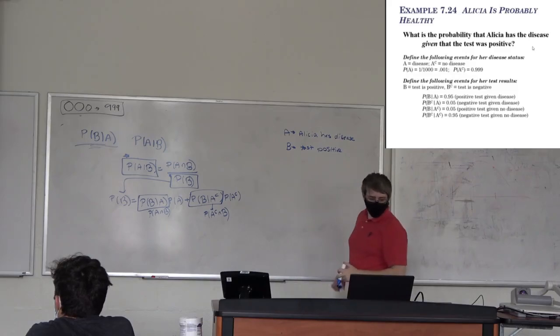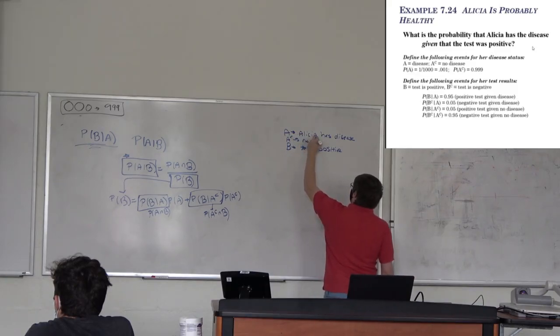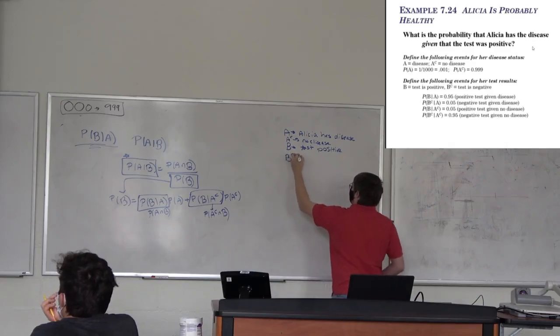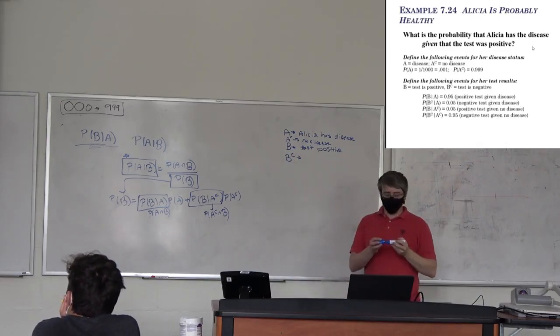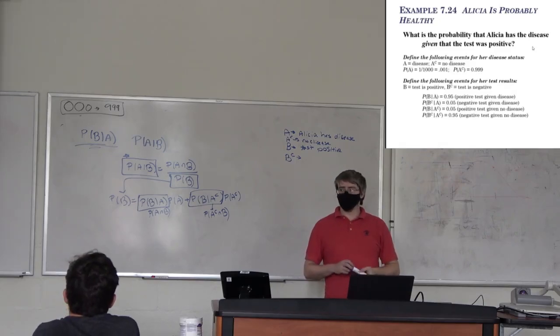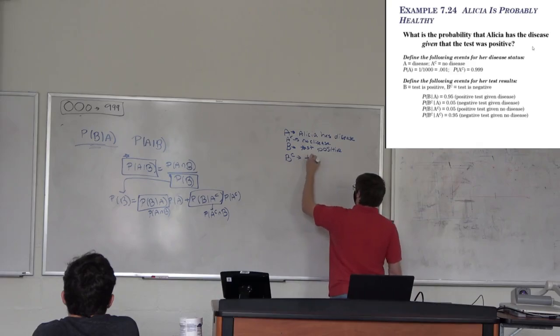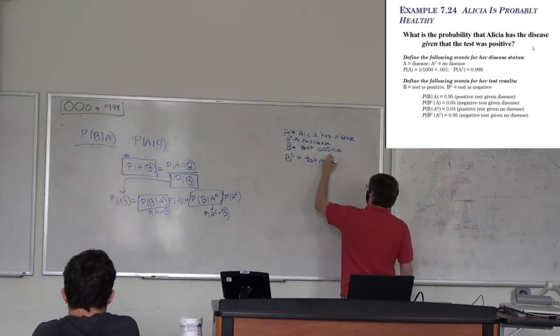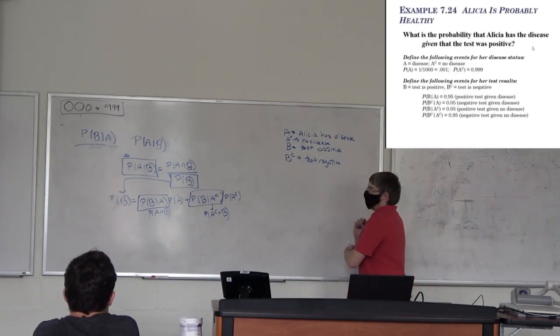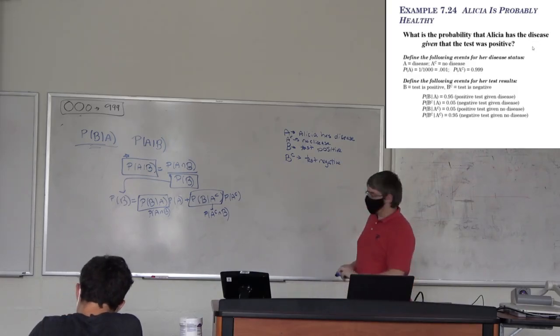And so A complement is no disease. So what would B complement be in this case, if the test was positive for B? Well, it'd be negative. So B complement would be the test is negative.